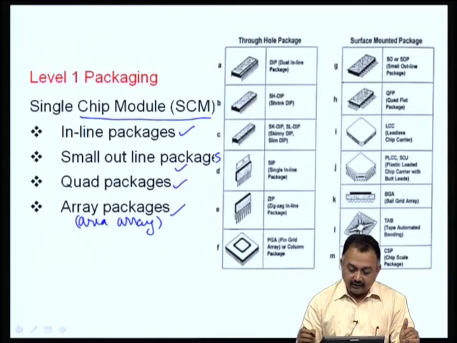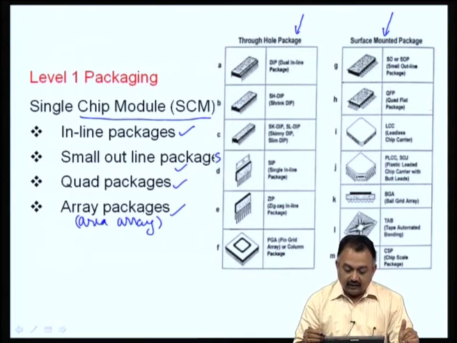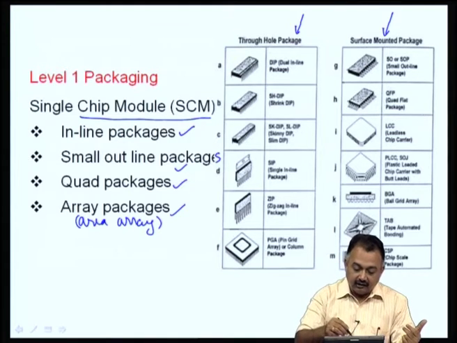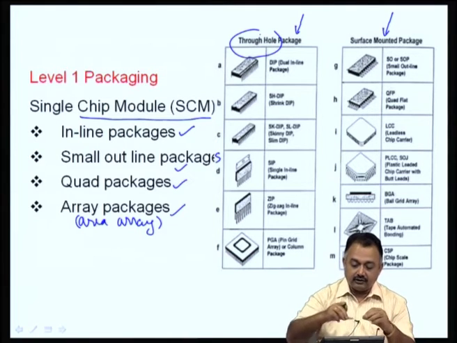If you look at the slide, there are two basic classifications. One is a through hole package, the other is a surface mount package. What exactly is meant by through hole package and surface mount package in detail we are going to study, but upfront, as the name indicates, through hole package means a device which consists of pins.